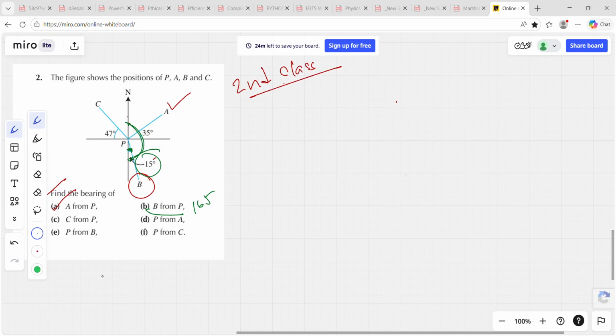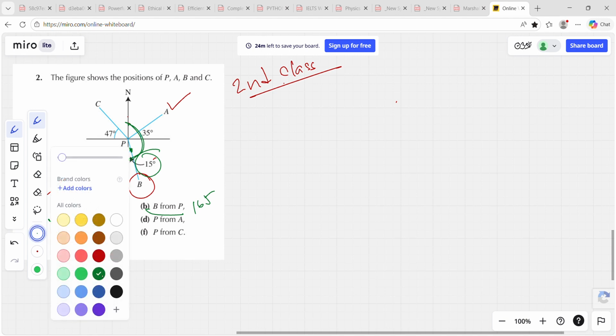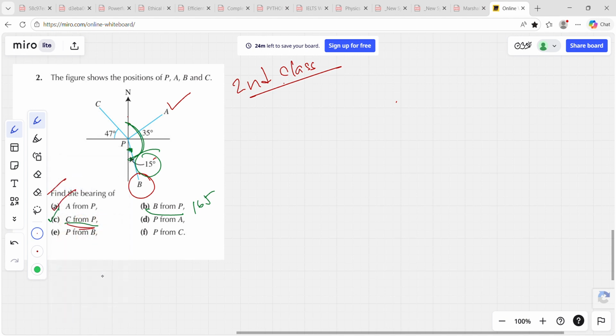Here comes our third question, that is C from P. C from P means P to C. Here is P, and you have to go all the way down to find the C. You know this particular angle.